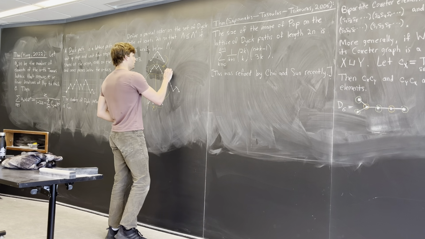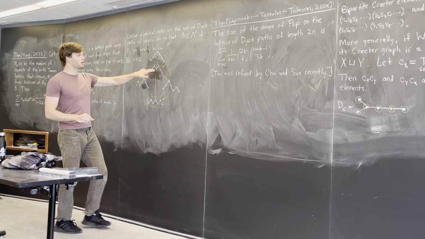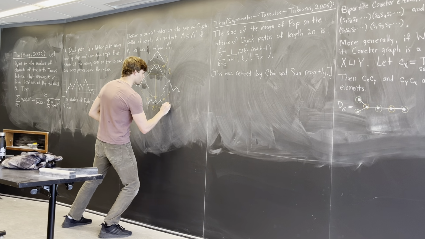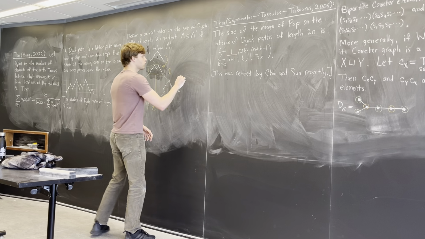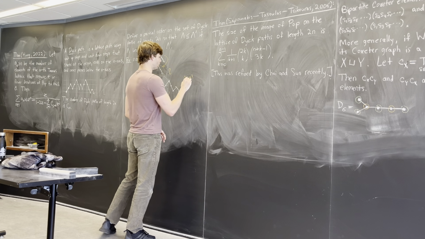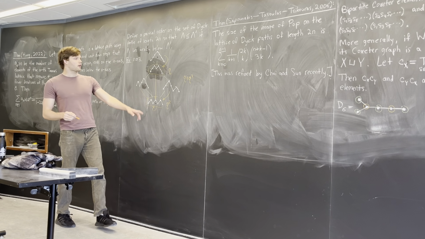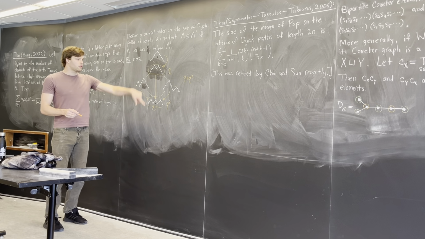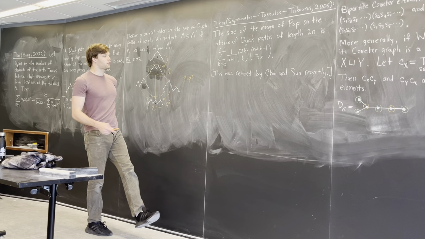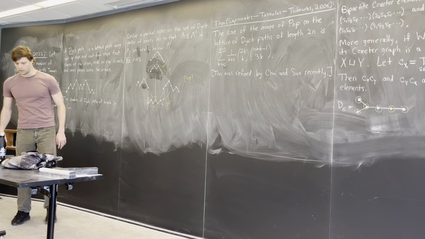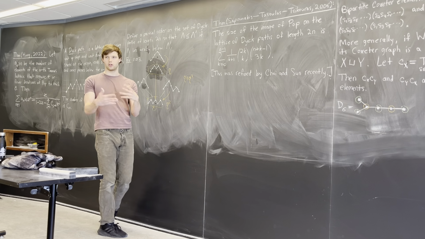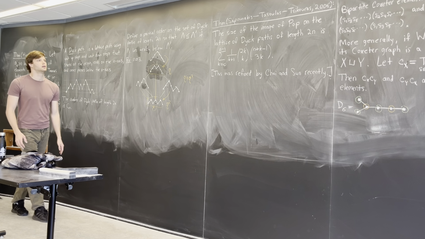So this would contribute a q because it has one thing going up. This has q squared because it has two things going up. So my generating function here would be q plus q squared. And so the point is if I set q equals 1, I get 2. And that's counting these two elements. But in general, you can get a formula, and this is what Yunso and Nathan did, finding a formula for what this generating function is with the q's.